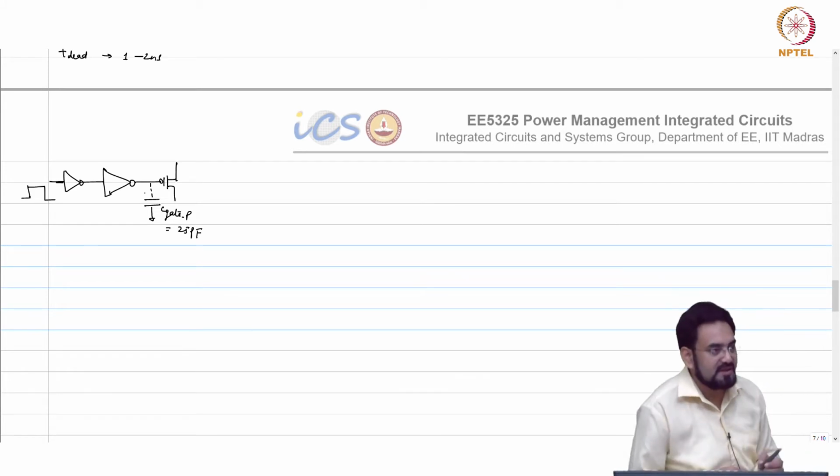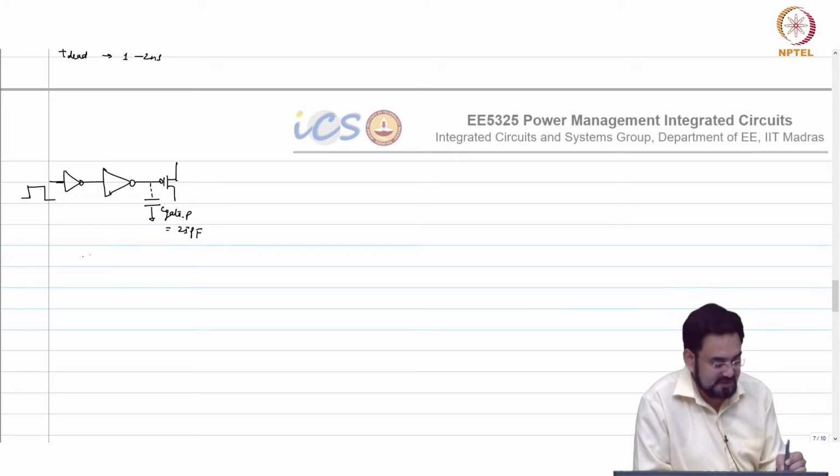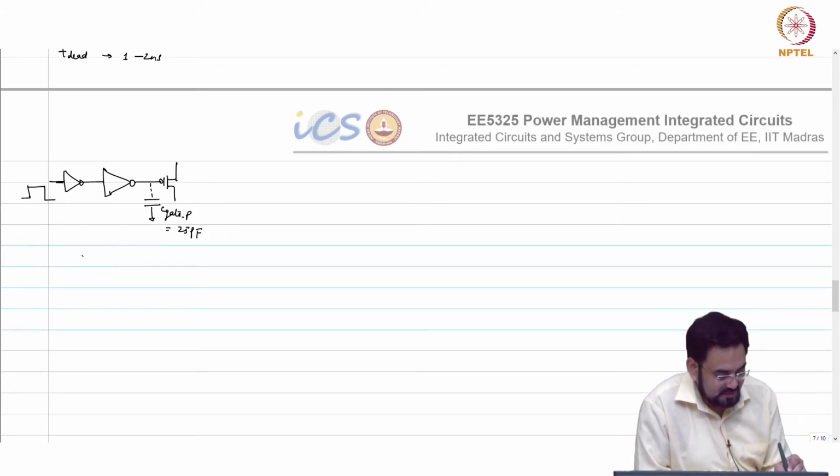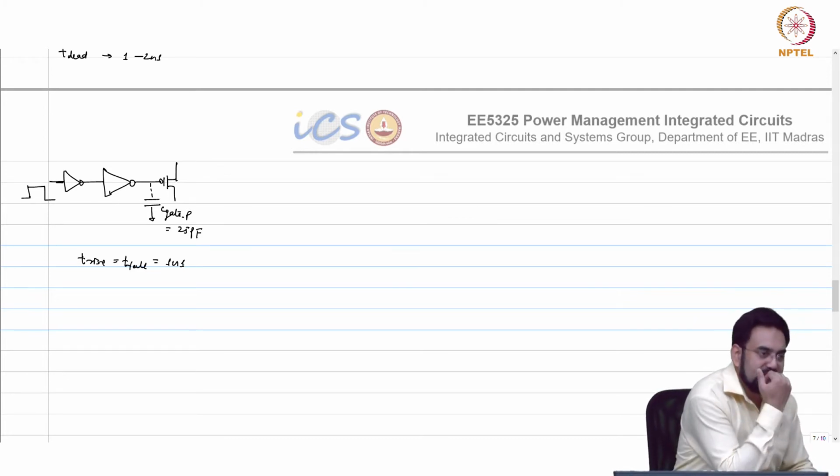When this inverter turns on, let's say I am looking for 1 nanosecond. If T rise and T fall equal 1 nanosecond, what kind of RC time constant do we require?